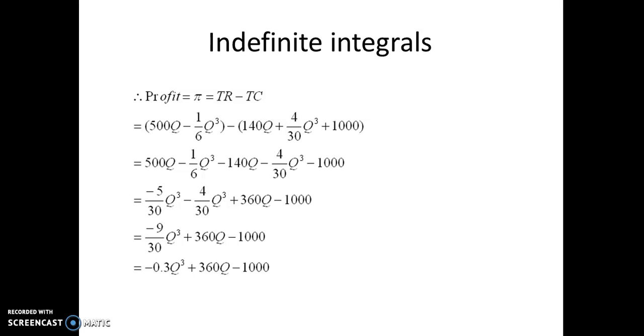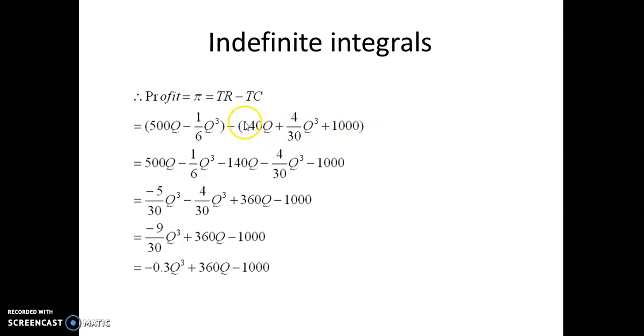So what they want is a function, not determine what profit would be, but just determine that function. Now, of course, profit is the difference between your total revenue minus your total cost. So once you've obtained your total revenue function and your total cost function, you can simply say TR minus TC.